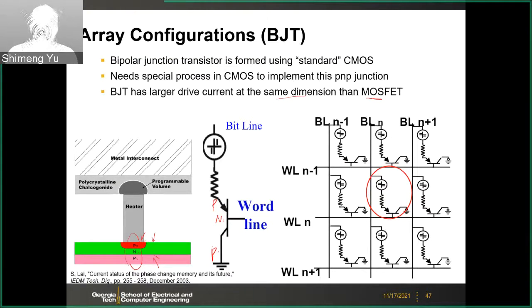But here, basically you have those 3 layers, and then the N layer is like your gate. And this is like your source. This is like your drain. But they don't call it a gate, source, or drain. They call it an emitter, base, and collector. But anyway, the point is that BJT has larger current.